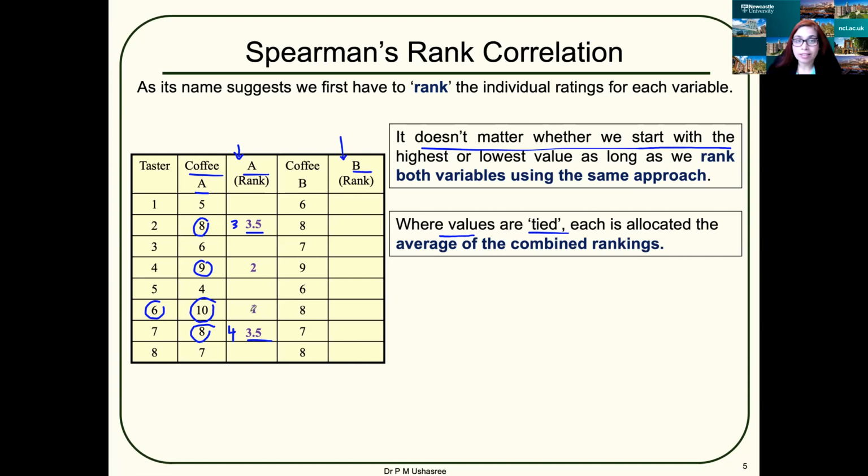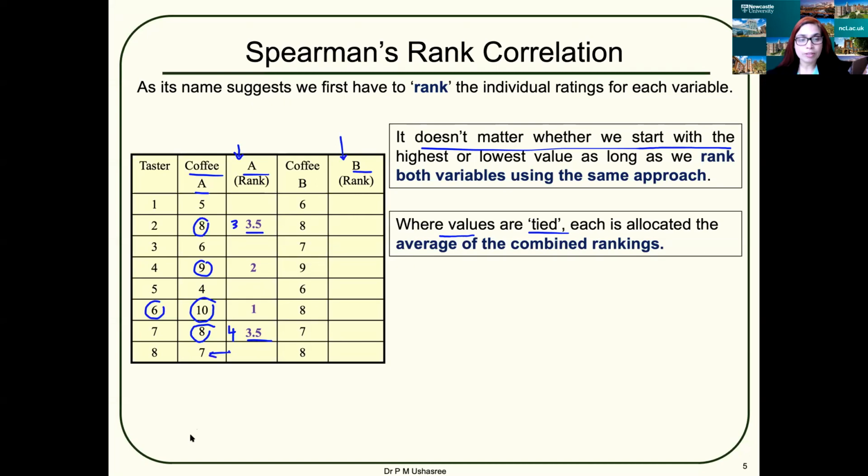I can start here from rank 10, then 9, 8, 7, 6, 5. But this is the most convenient way to do it, just the way our brain works. Okay. So after that, third and fourth position has been shared between these two. So now next will be 5.